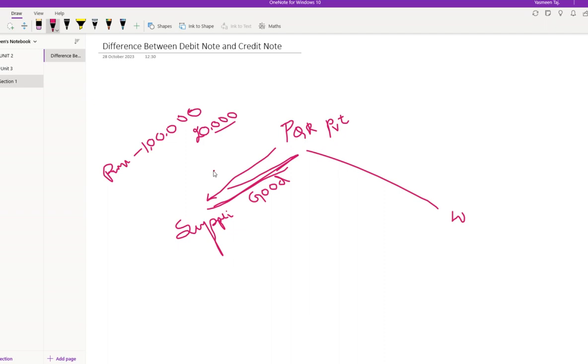That is what we call a purchase return, right? So when you are returning those goods back to the supplier, for 20,000 rupees, this is just an example, the supplier has to pay you the money back, right? The 20,000 rupees.